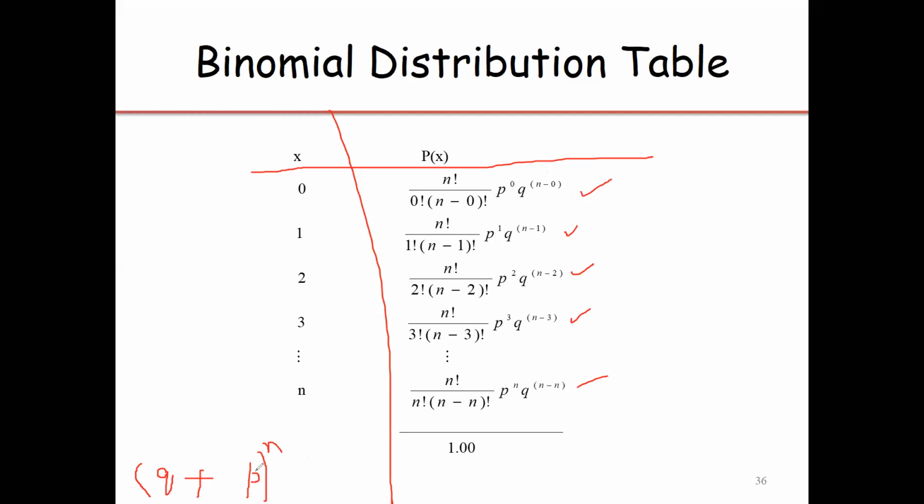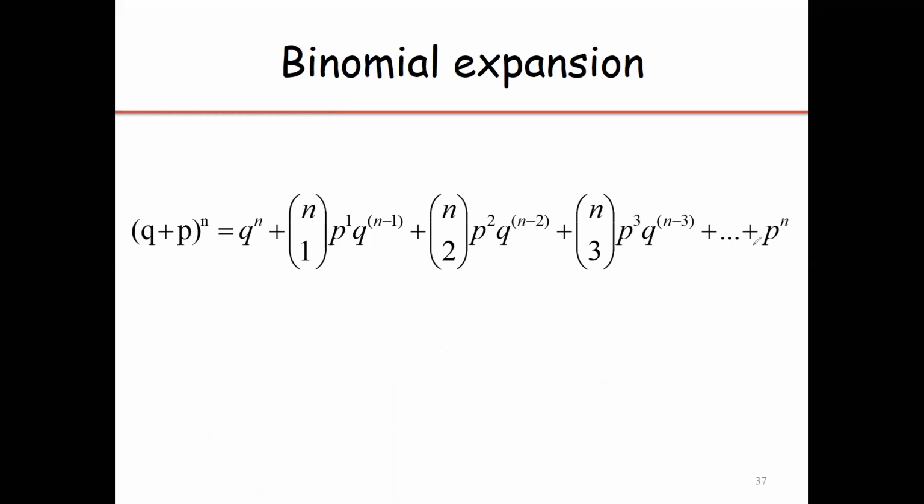It is just an expansion of (q plus p) raised to the power n, and since q plus p is 1, it is 1 raised to the power n, which equals 1. So the sum of all of these probabilities is equal to 1. These are the different values of the probabilities. You can see the sum is 1.